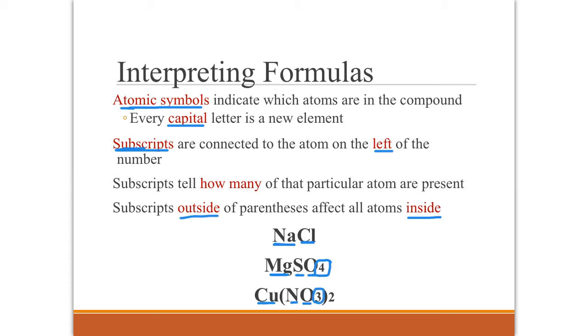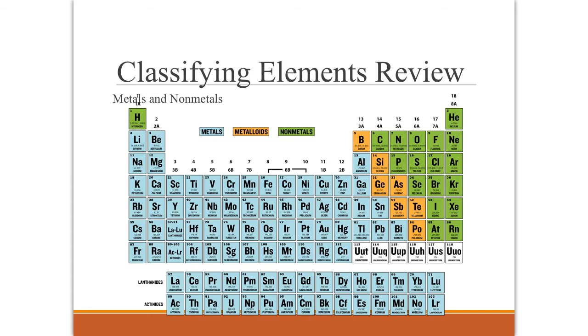So NO3 is the nitrate ion, and we'll talk about what those are later on. And then after the parentheses, we have a 2, so this 2 pertains to everything inside the parentheses. So this tells you that there is a copper atom, and then there are 2 of these NO3 groups of atoms, 2 nitrate groups present in this formula.